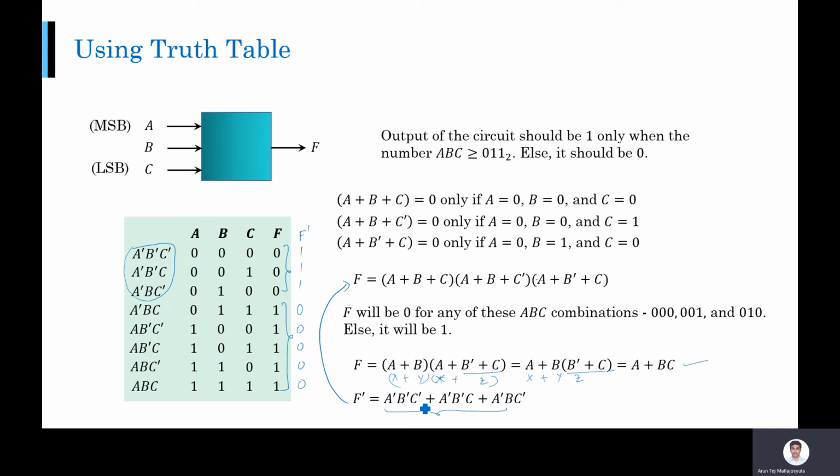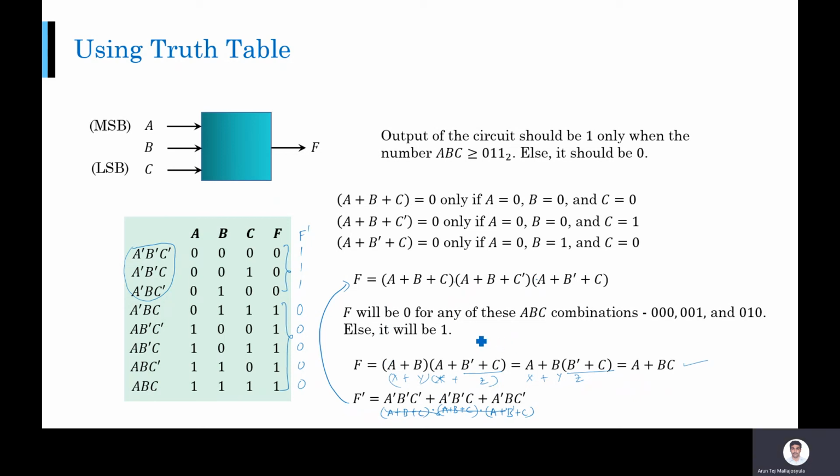A dash B dash C dash, so that will be A plus B plus C. A dash B dash C, so that will be A plus B plus C dash. This is OR, that becomes AND. Then you have A plus B dash plus C. Okay, and the first term, which is A plus B plus C. So you can realize this expression in this way also from the complement also.